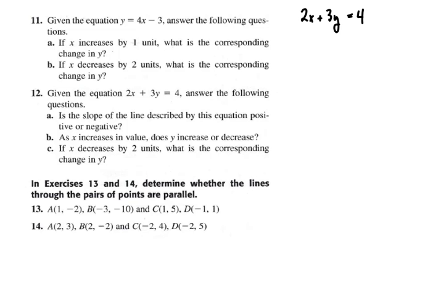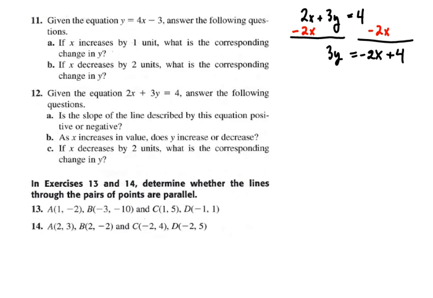What we need to do is solve for y. So I'm going to begin by subtracting 2x from both sides, and that gives me 3y. On the other side of the equation, I'm going to put the x term first and write it as -2x + 4. We'll see why in just a minute.